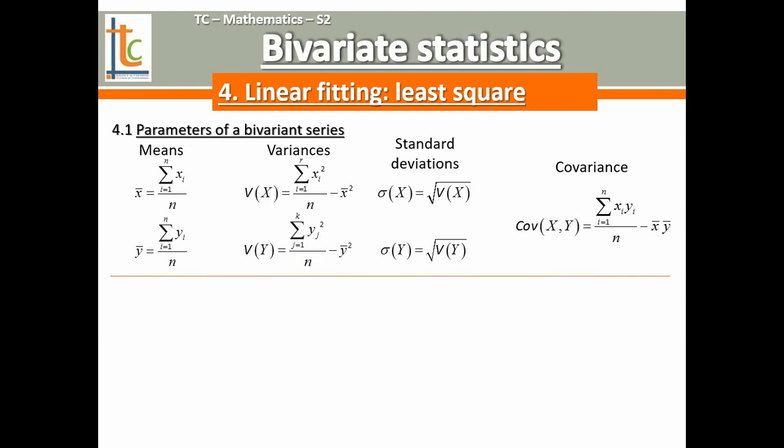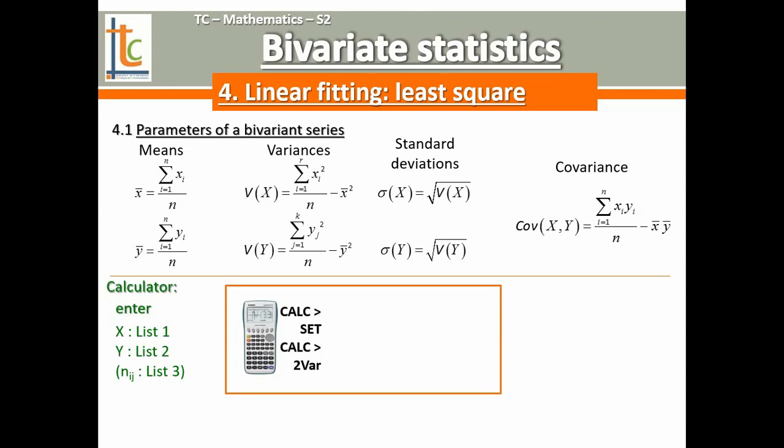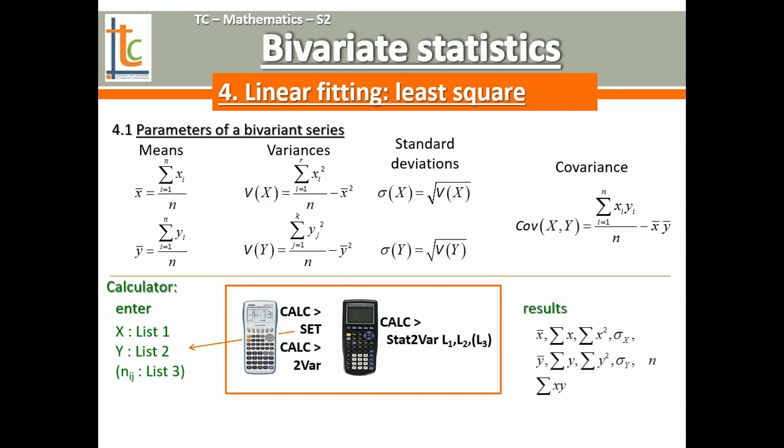So let's see now what our calculator is able to give us. If you enter the data series, so the values of x, the values of y, and maybe, if you've got a crossed table, the values of frequencies, and if you tell your calculator that this information is in list 1, list 2, and maybe list 3, and so on, here are the results given by the calculator.